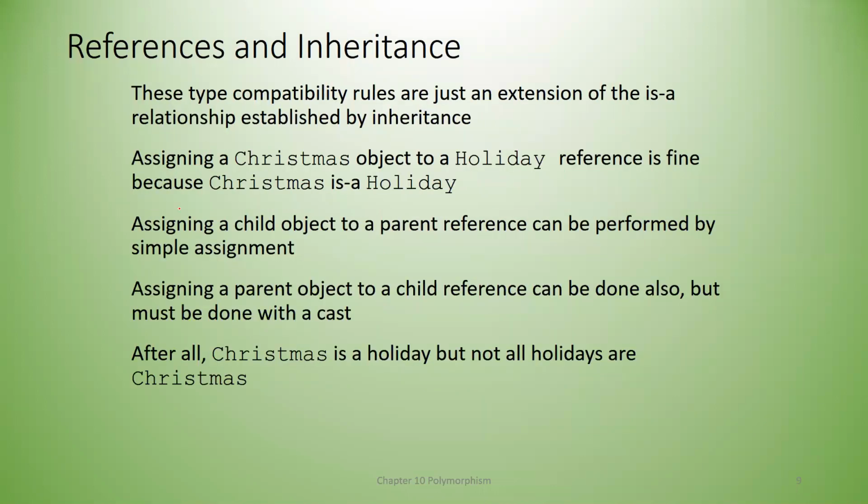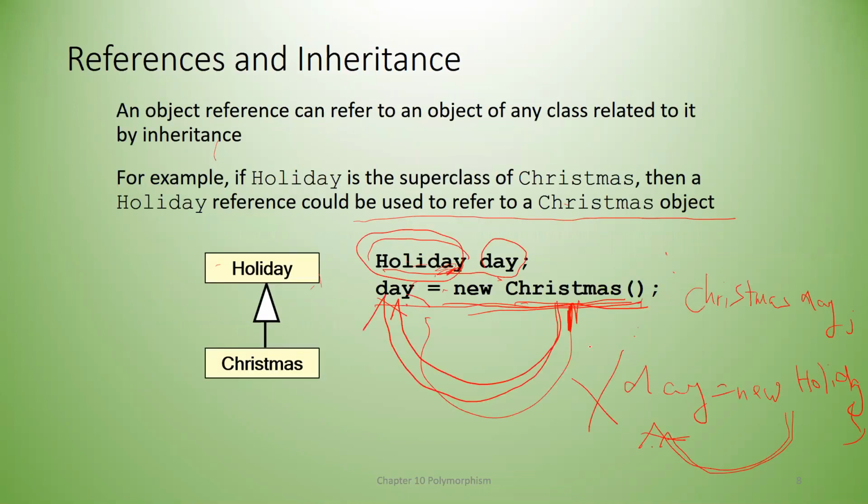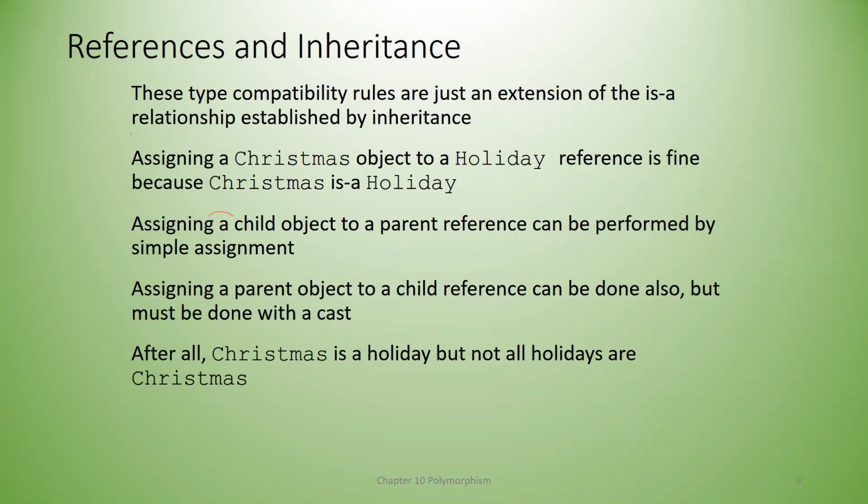That's what this is saying. Do you all understand it, everybody? Always remember to ask the question, is this this? The answer decides whether you can do the assignment or not. So assigning a Christmas object to holiday is okay, right? Because Christmas is a holiday. That means assigning a child object to a parent reference can be okay.